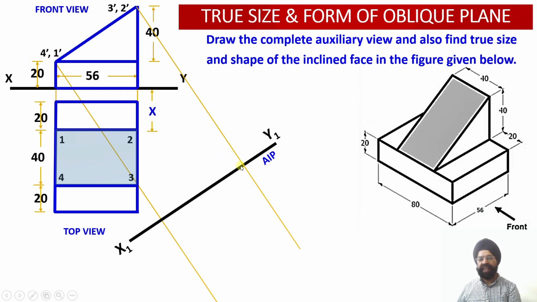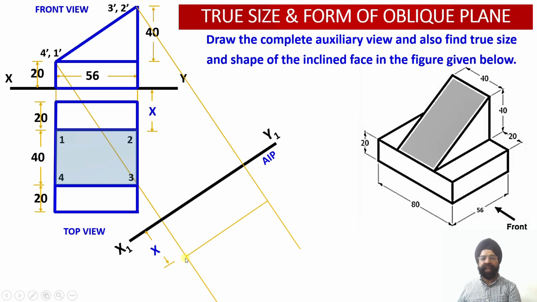Now this distance X I am going to mark in front of this auxiliary inclined plane alongside this projector, and alongside this projector also in front of the plane. So the distance X has been marked in front of the auxiliary inclined plane, and then I am going to draw a projection line which will be parallel to this AIP, because this projection line is also parallel to this vertical plane, because the distance of point 1 and point 2 from the vertical plane happens to be equal.